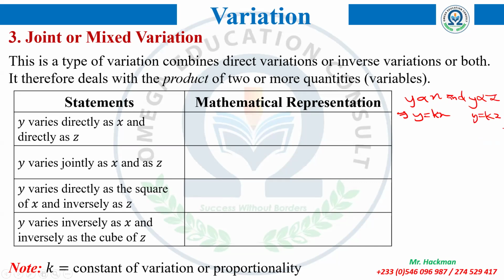Now I'm building your concept for you to generate the mathematical representation for the joint or mixed variation. Please give me your maximum attention. You can see that I have k here and k here. I want to distinguish between these 2 k's. They will not always be the same. In special situations, their values will be the same. So in order to distinguish between them, I'm going to use k sub 1 and k sub 2. But they are all constants of variation. Is that clear?